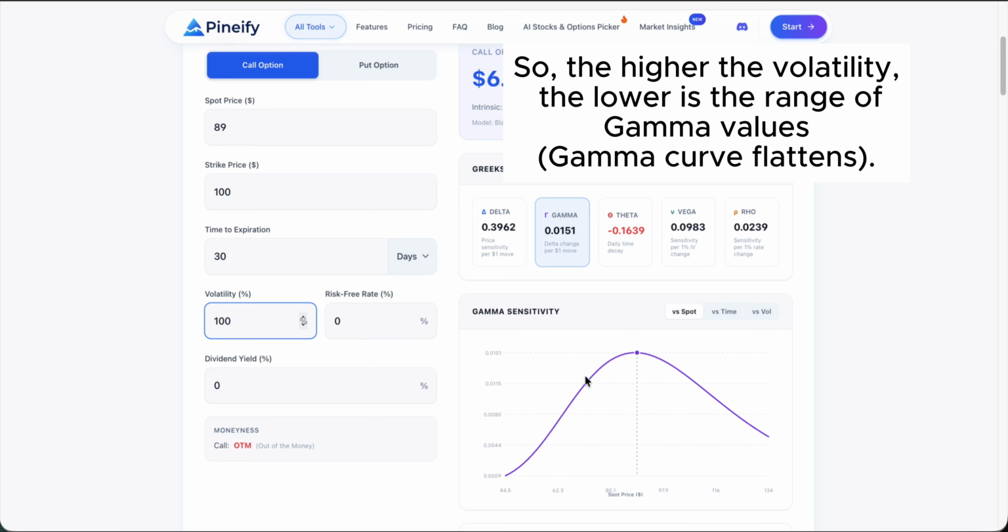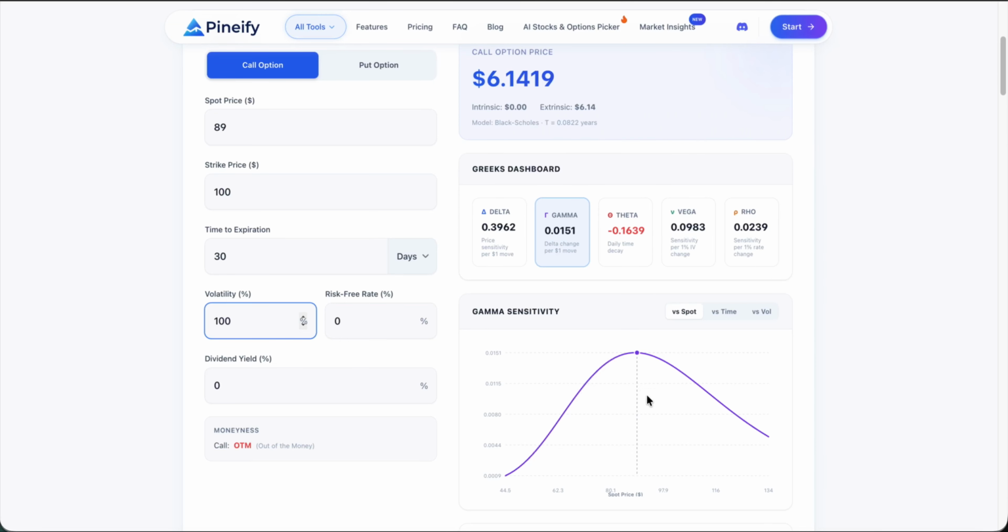This curve is basically the wings or the tails of this graph catching up while the peak falls to meet them. And as you can imagine, the impact of any additional percentage point of volatility will be marginally smaller and smaller.